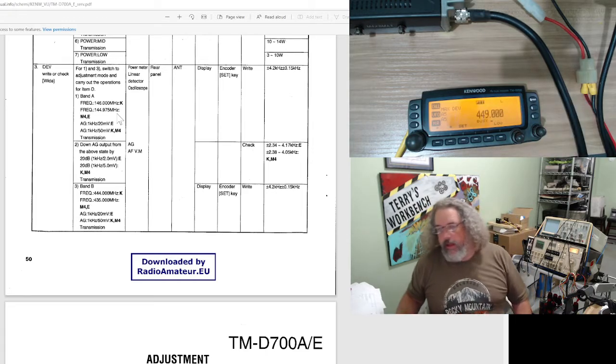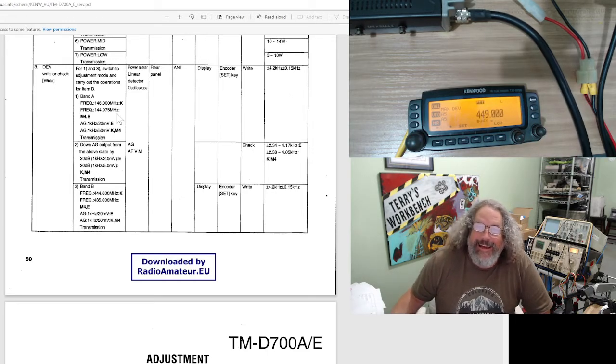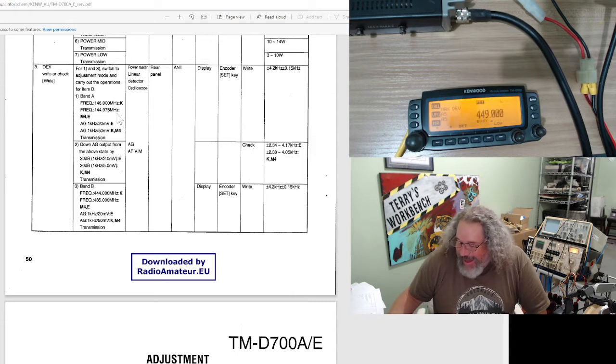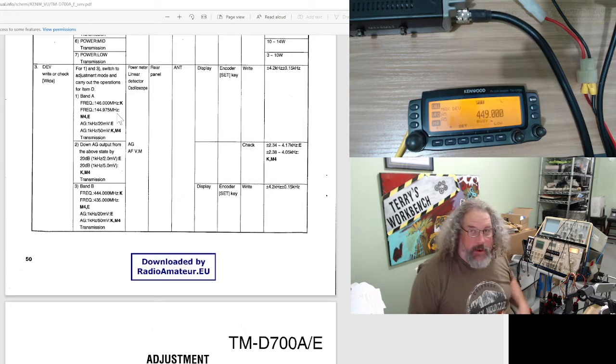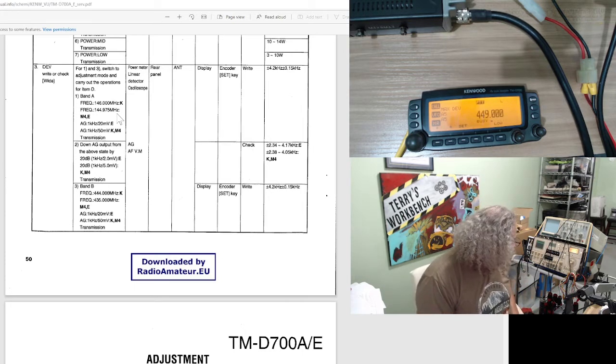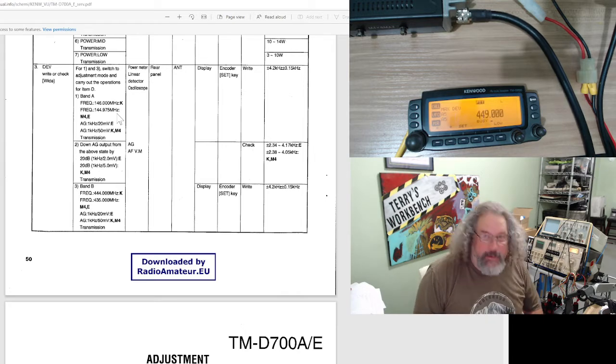Wide open. Okay. The service monitor has served me well for almost 20 years. Maybe time for it to go.